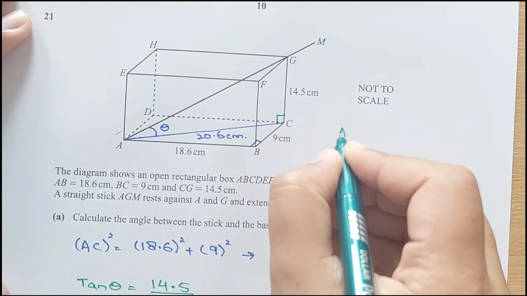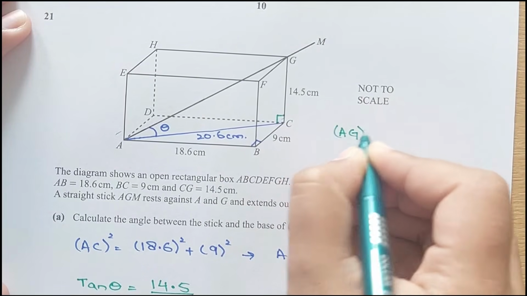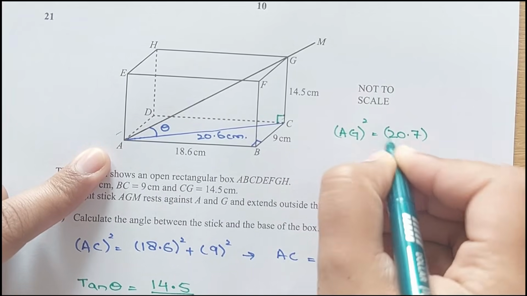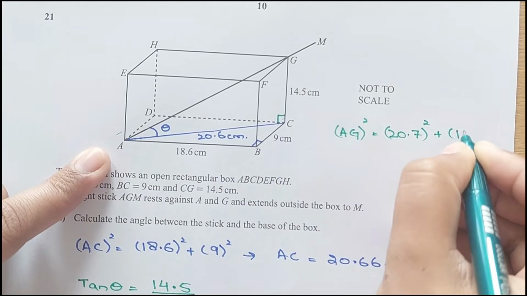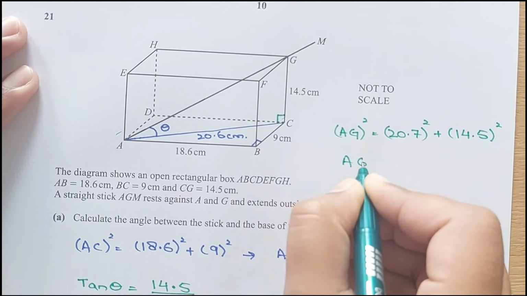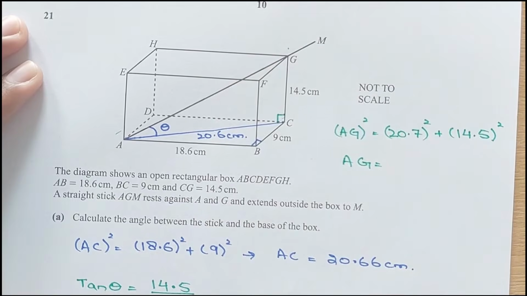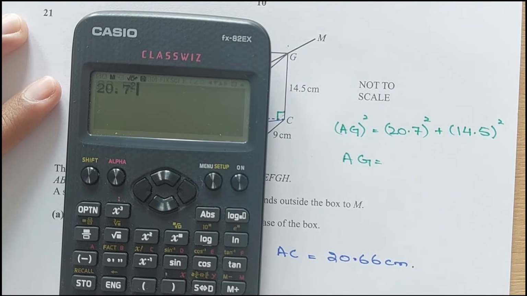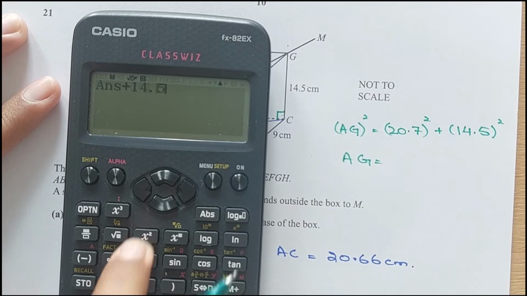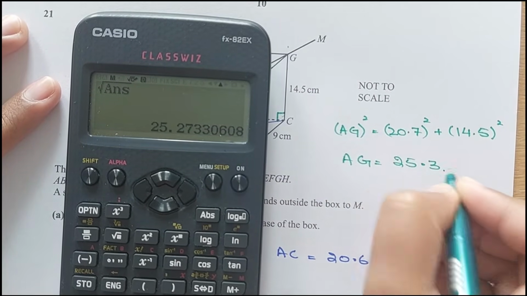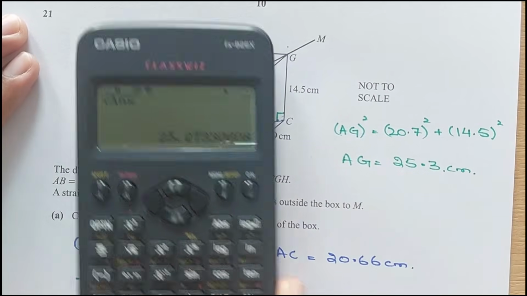So AG squared, the hypotenuse squared, equals 20.7 squared plus 14.5 squared, and then we take the square root to get AG. The square root of the answer is 25.3, rounded to one decimal place.